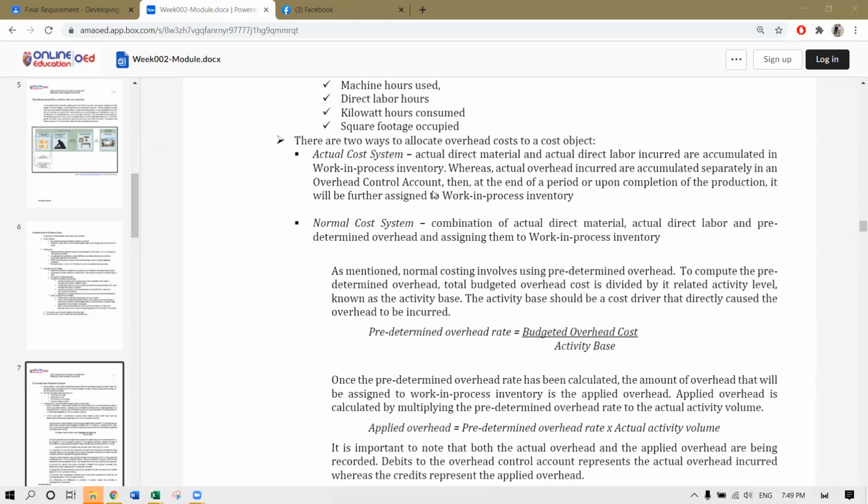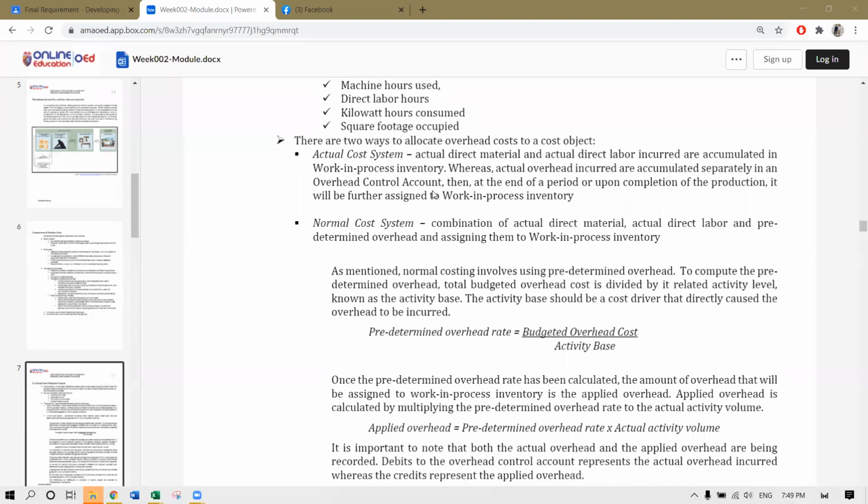It is part of the overhead control account. Then at the end of the period or upon completion of the production, it will be further assigned to work in process inventory. Okay. Kung maarang nakita kumpira an actual cost system based on the word itself, actual, pera an tuod nga nagastos. So, amo ito ya.